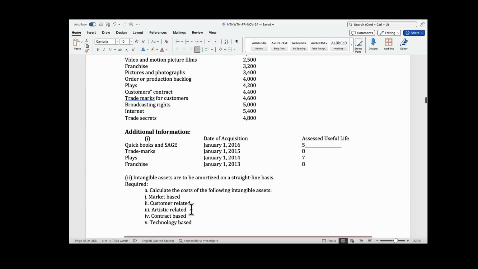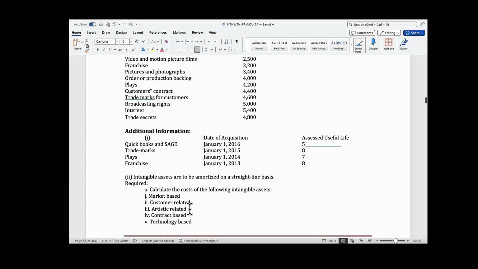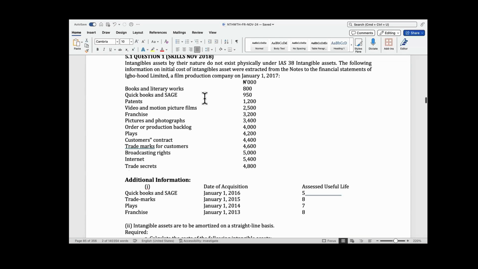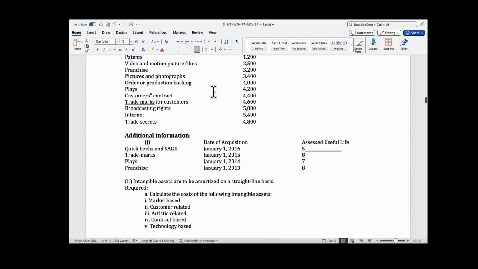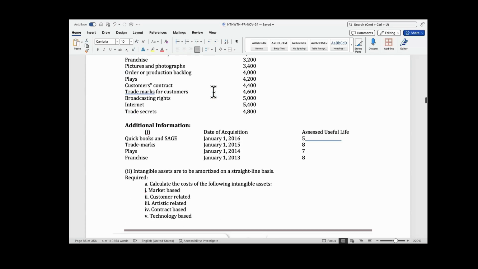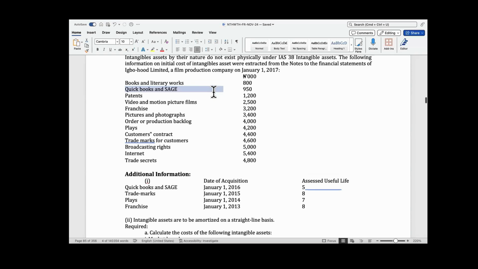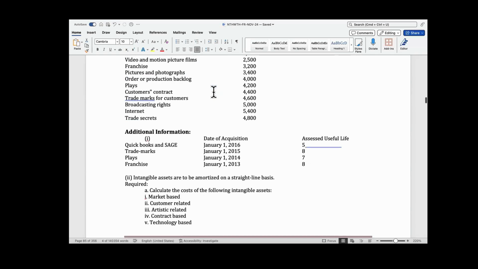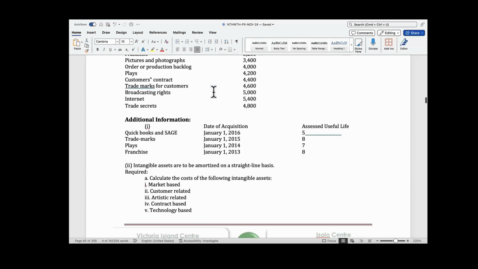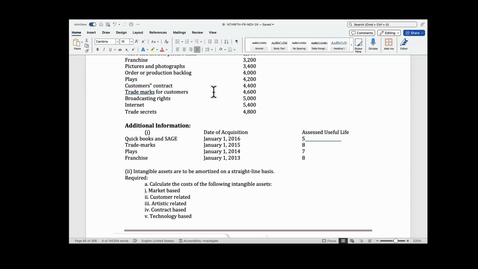That one is clear that it should be artistic. It should be artistic related. Then there is QuickBooks and Sage. Where should that one be? Like QuickBooks and Sage. Technologically based. Yes. How about patents? Contract. Patents should be contract based.